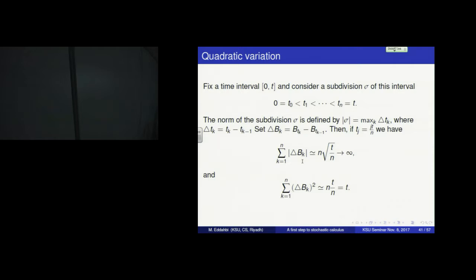If you consider the length of the interval to be 1 over n, I consider a subdivision, then this delta is of order square root, and if I take the summation, this is around square root of n. So very quickly, intuitively, you see that the variation of the Brownian path goes to infinity. So there is no hope to get bounded variation for the Brownian motion. But it has a quadratic variation. The quadratic variation is t.